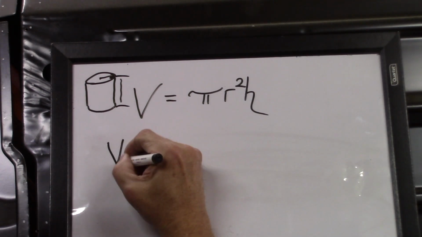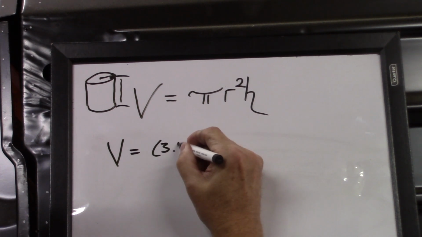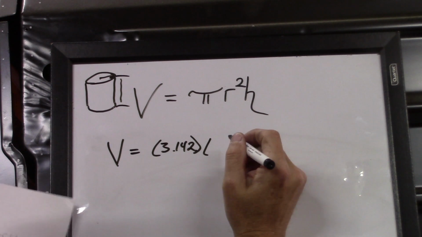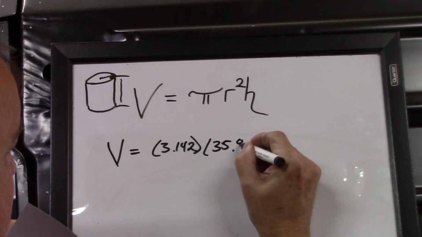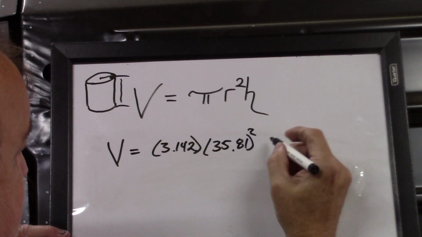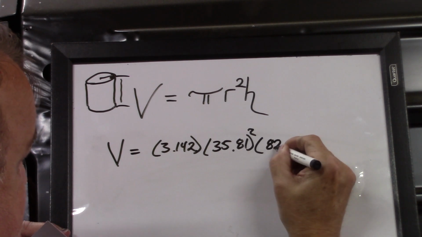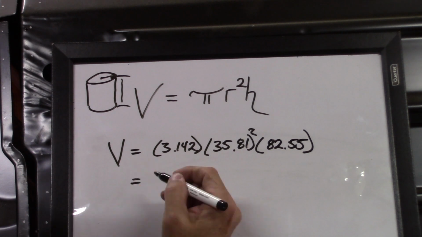Therefore, my volume of my cylinder is 3.142 times R, which is 35.81 millimeters squared, times the stroke, which was 82.55 millimeters.